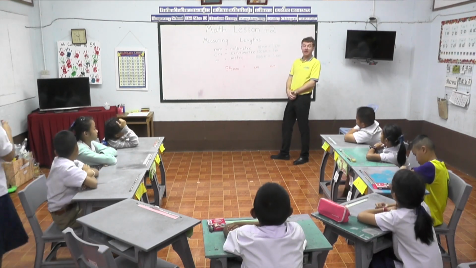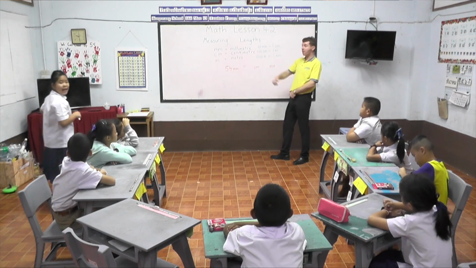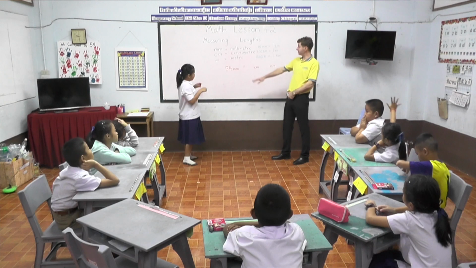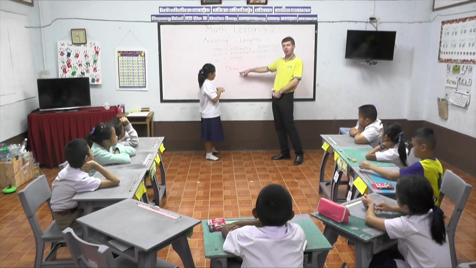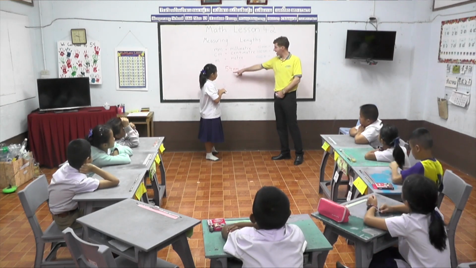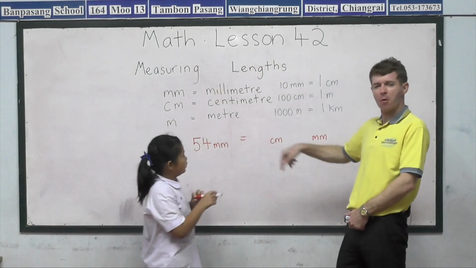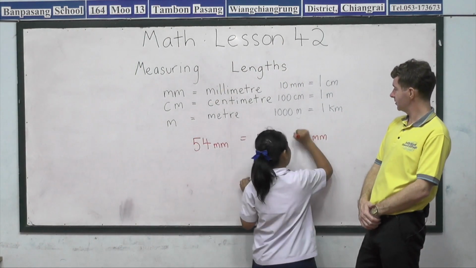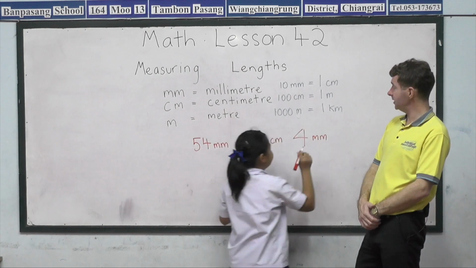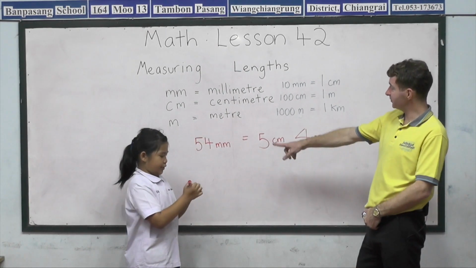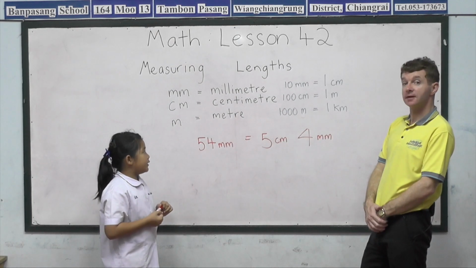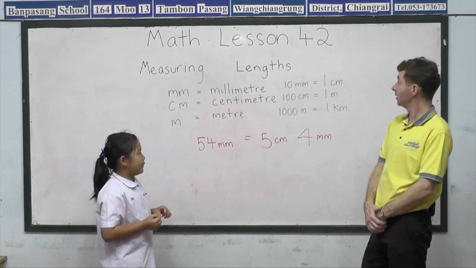So now we need to work out how many. We have 54 millimeters, but now can we work out how many centimeters? 5 centimeters, 4 millimeters. You see? Excellent. 54 millimeters equals 5 centimeters, 4 millimeters.